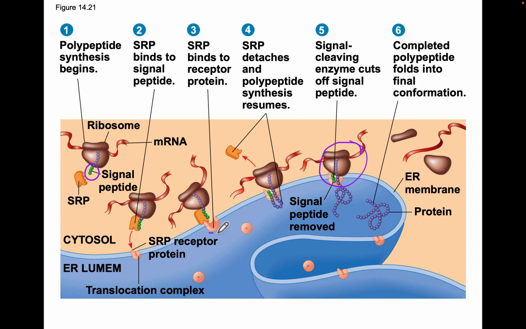So there's these receptors on the reservoir, and if that little peptide part binds it, then the polypeptide will be dumped into the reservoir and get folded into a protein, or it might not be threaded all the way through, and that's how you end up getting those proteins that would stick in the membrane.